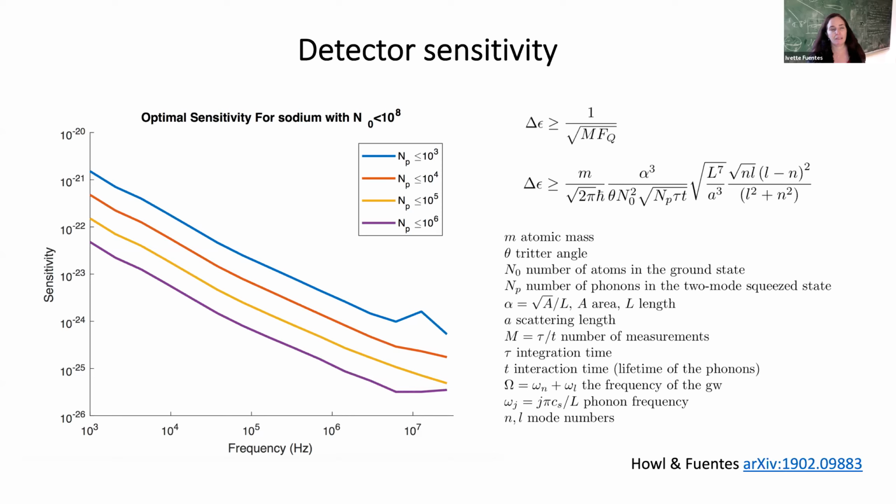We got everything started by the speed of sound divided by the length of the trap, but then we want to write the speed of sound in terms of the parameters that you can change. So we wrote the speed of sound in terms of the scattering length. So that's where you get the different L's. If you want to change the frequency, you change the length, but that's also going to affect your sensitivity.